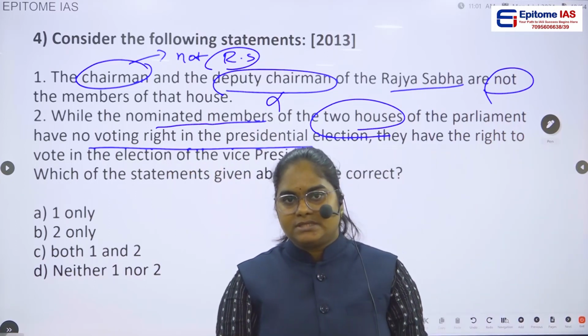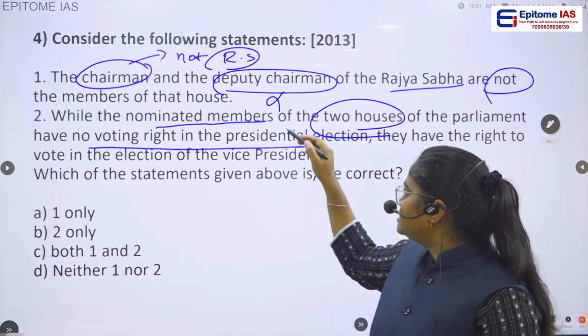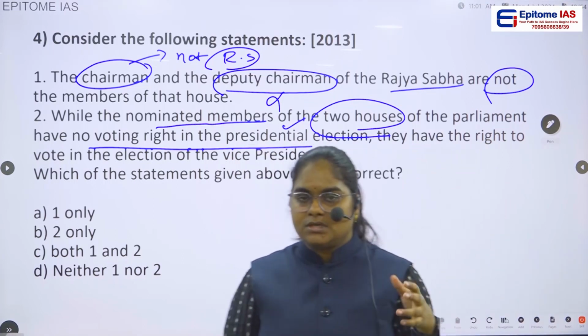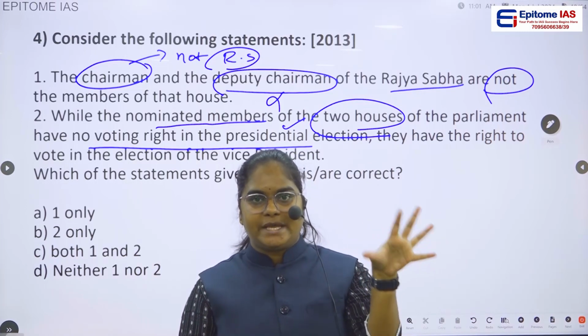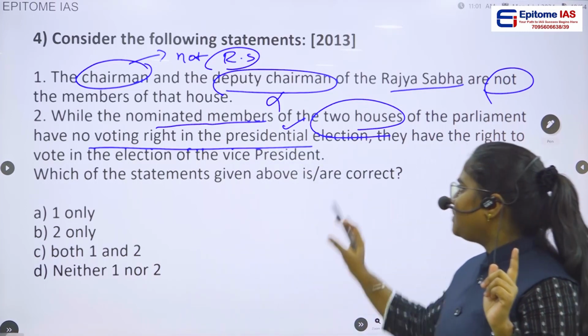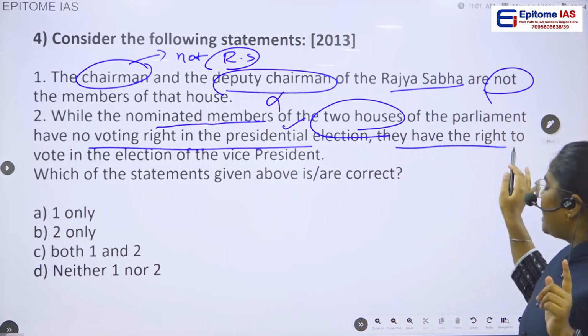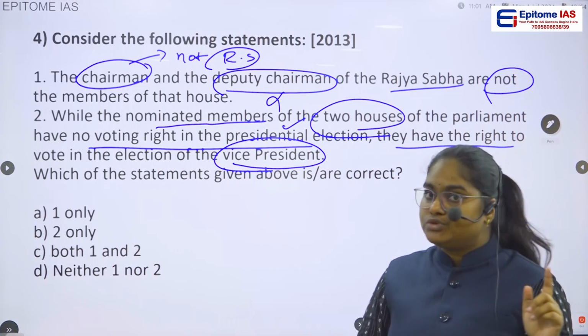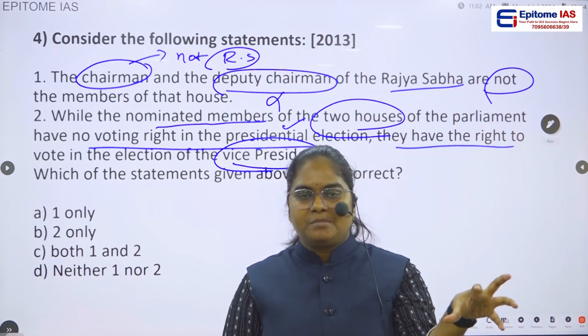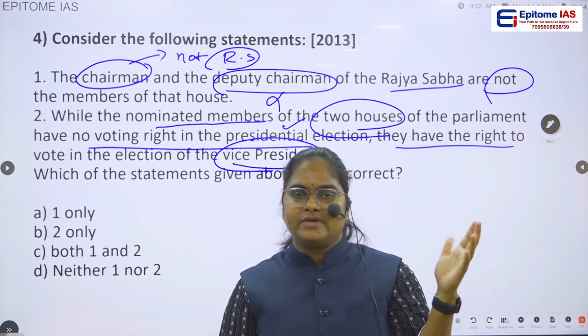Is that true? Yes, the first part of the statement is correct. Why? Because in the presidential election, the nominated members do not take part. And if you see the second part of the statement, it says that they have the right to vote in the election of vice president. Is that true? Yes, the nominated members can take part in the election of the vice president.